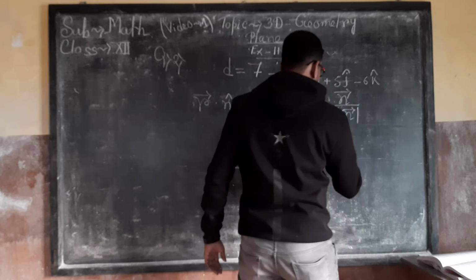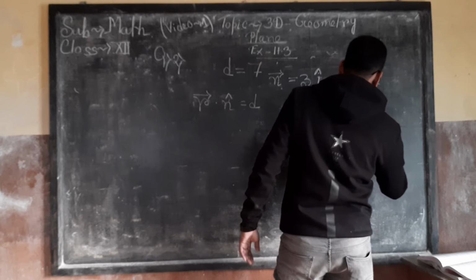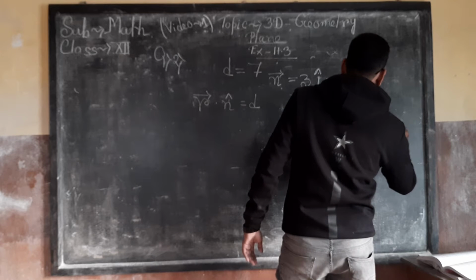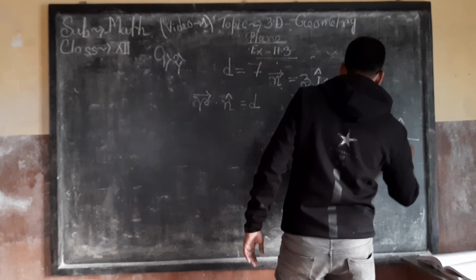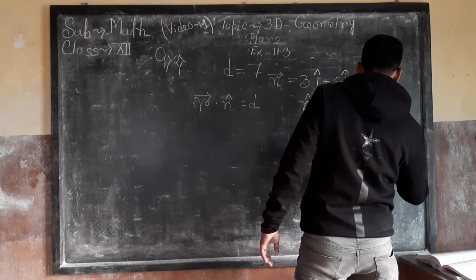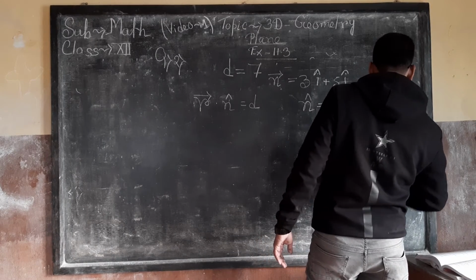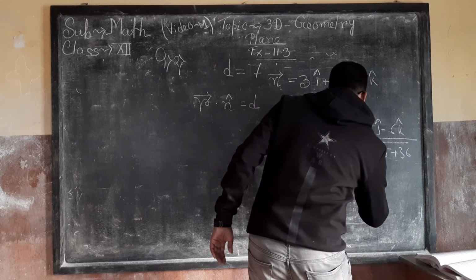So what is the value? 3i cap plus 5j cap minus 6k cap by root over 9 plus 25 plus 36.